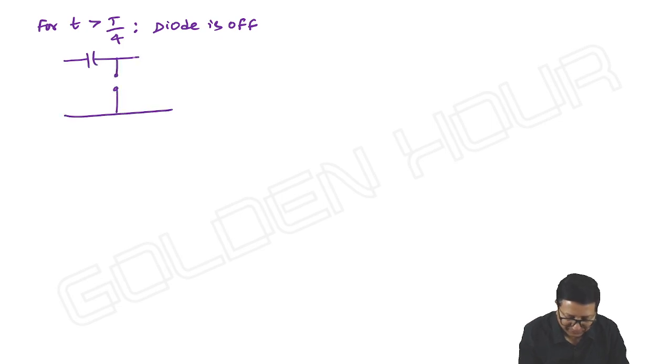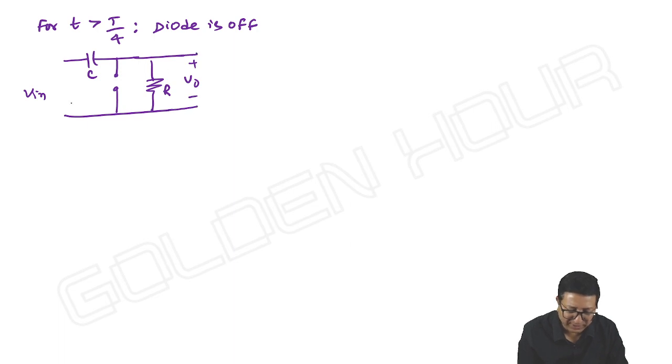Once the diode is off, we know all the story. I'm not writing all the steps again and again, we are well aware of it. Once the diode is off, the diode is acting as an open circuit, but we have this R in parallel with the diode. This is our circuit.